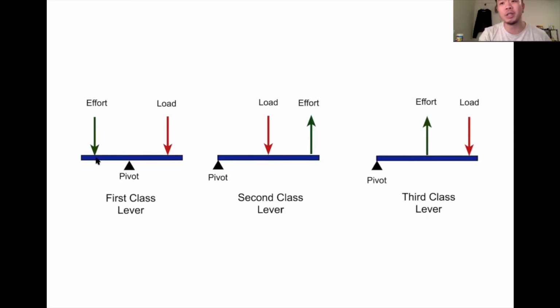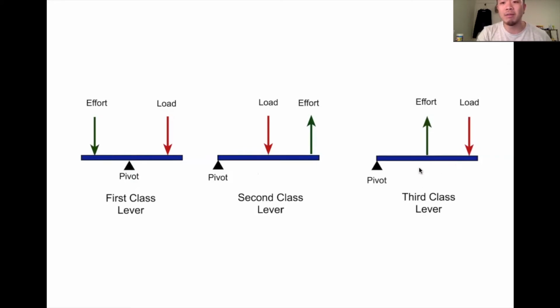The effort is usually your muscle force. And the second class lever is where the load is near the axis of rotation, and your muscle force is further. Your muscle force has a larger moment arm, which will give you mechanical advantage.